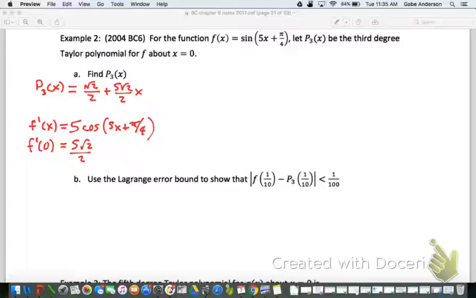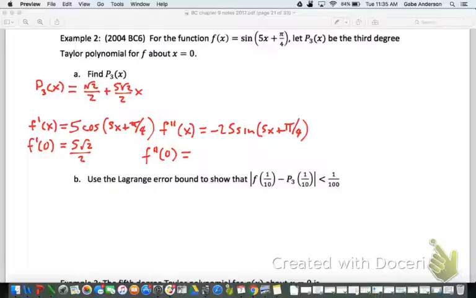We need second and third degree. So to find second degree, we need the second derivative. Say that again, Hayden. There we go. Good. So again, chain rule comes into play there. So f double prime of 0 would be what?